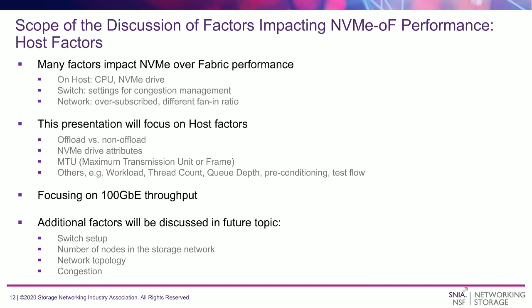We're focusing on the RDMA-based RoCE and iWARP versus the non-offload TCP, and we're trying to normalize the drive and the host to focus on that performance delivery. We're using a single NIC card with a 100 gigabit Ethernet wire, and we will talk about other factors in future presentations, including the switch setup and multiple nodes and different topologies and congestion.